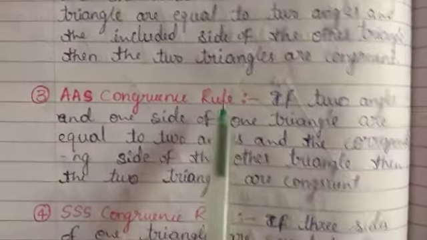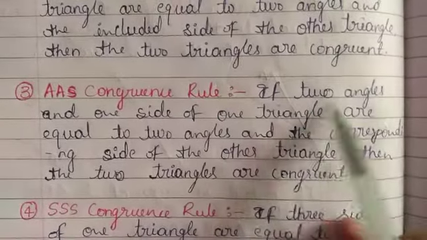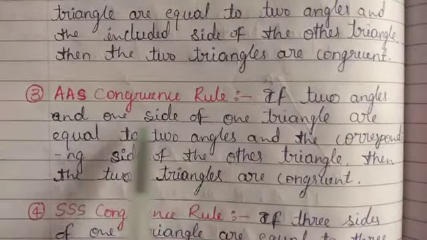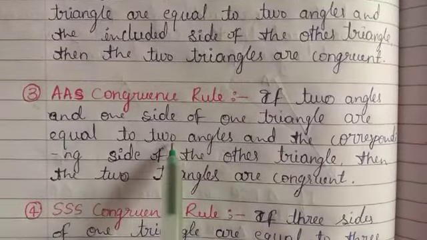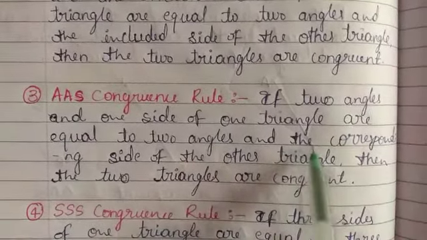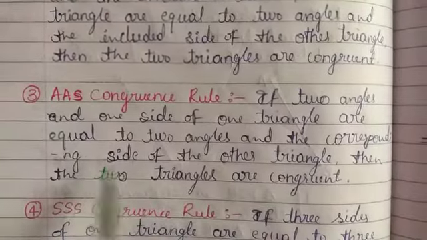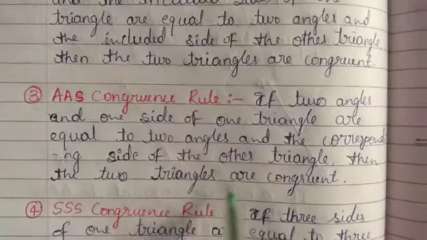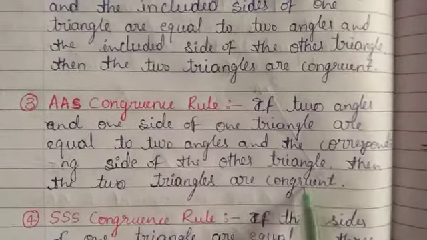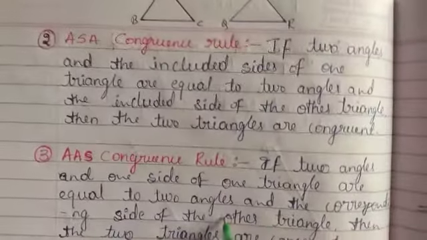Next criterion, the AAS congruence rule. If two angles and one side of one triangle are equal to two angles and the corresponding side of the other triangle, then the two triangles are congruent. This is the same as before.